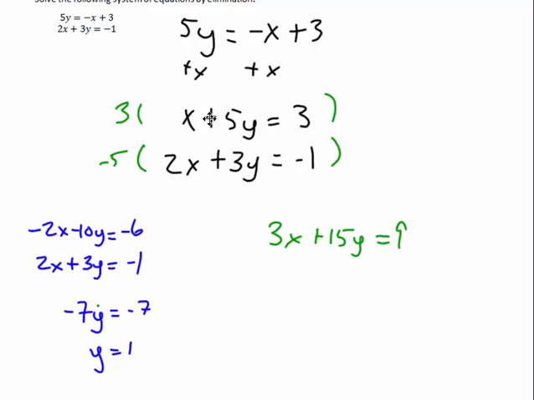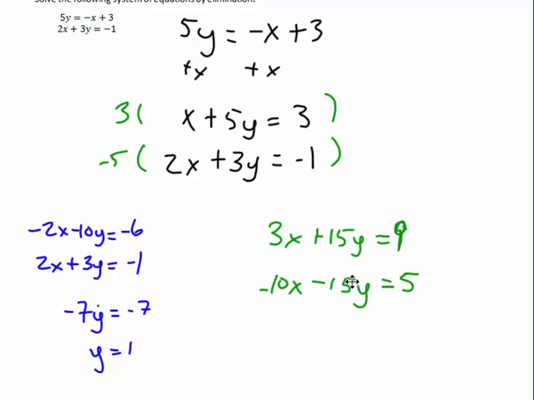Again, I have to multiply every single term by 3. And the bottom line I'm going to multiply by negative 5. So negative 5 times 2 is negative 10x minus 15y equals a positive 5.